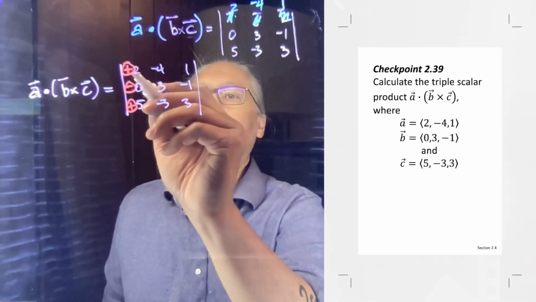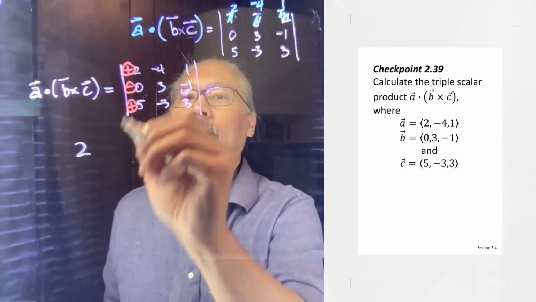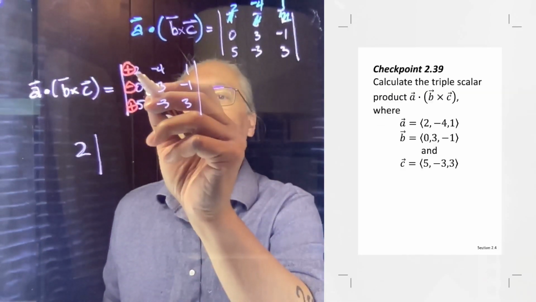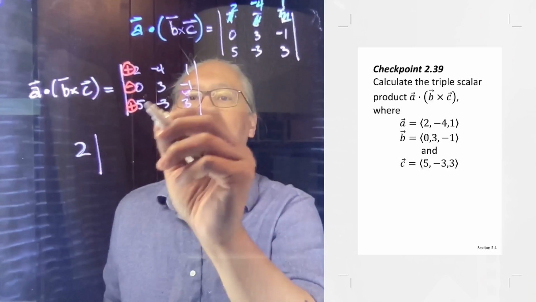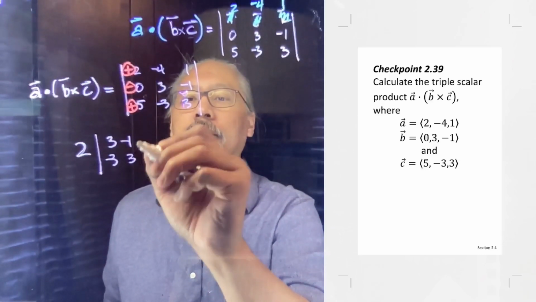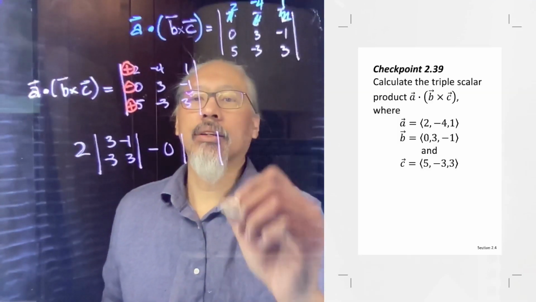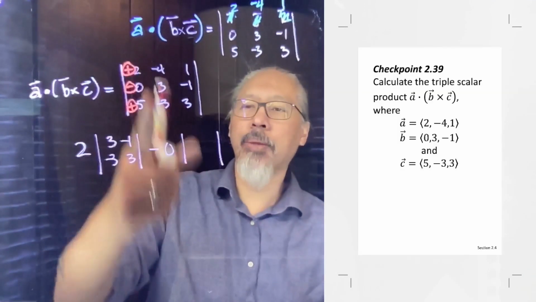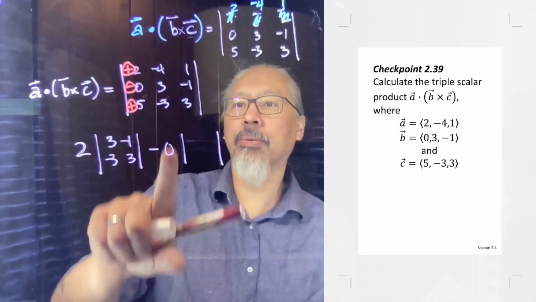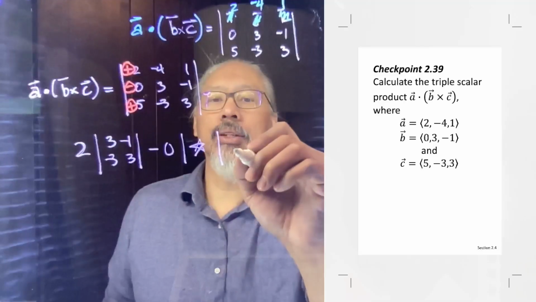All right, so the first one has a positive sign, and the submatrix left over after you cross out the first row and first column is 3, -1, -3, 3. Here is the key to why I chose expanding on the column: we're going to multiply this by 0, and I'm not even going to look at what's there.